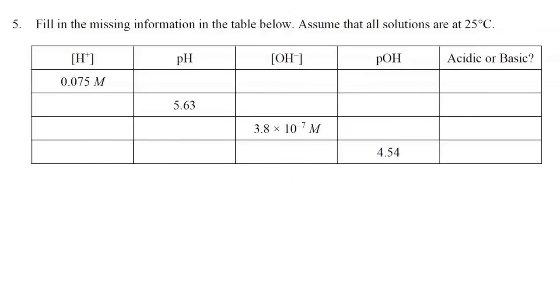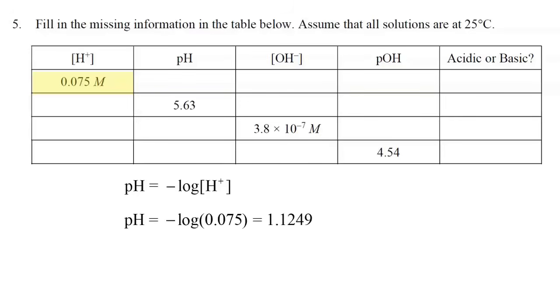So let's get started with the first concentration that I see on the left, which is 0.075 moles per liter. So that is the concentration of H+. If I want to find the pH, I will take the negative log of that value. And so when I do the negative log of 0.075, I get 1.1249.